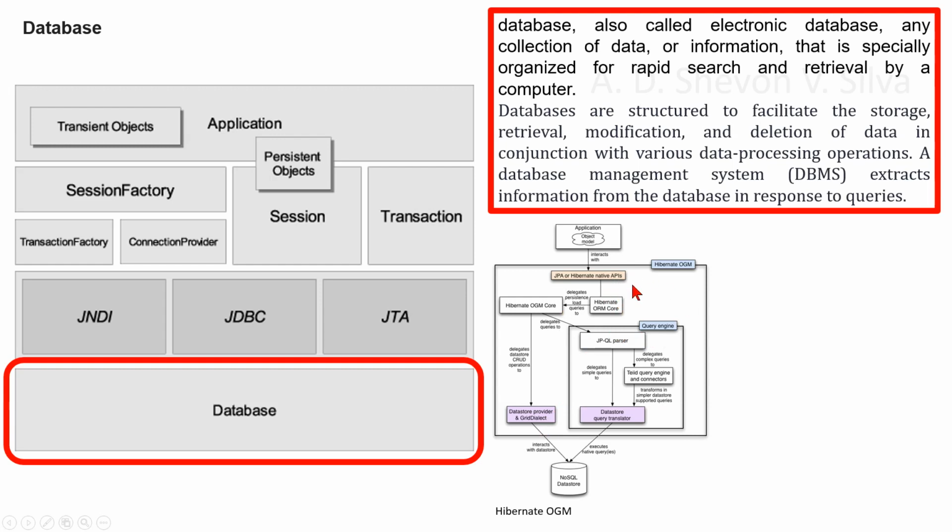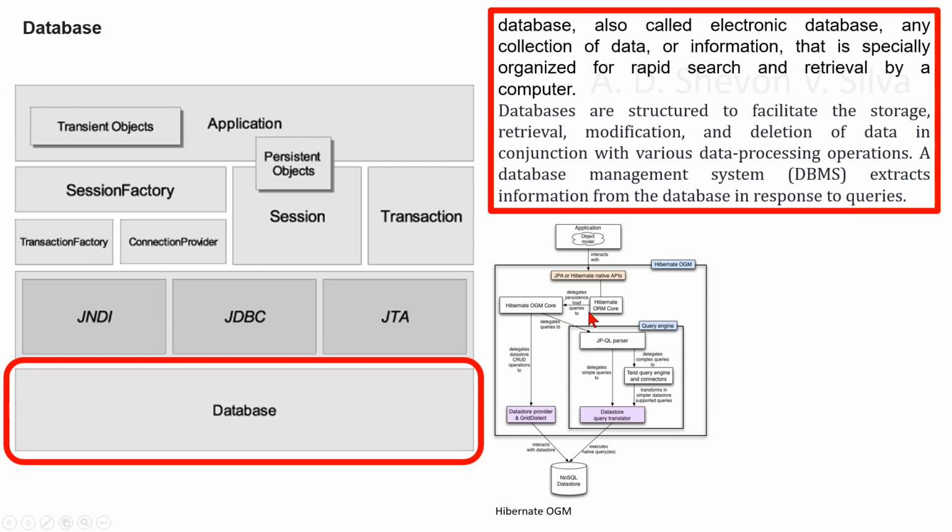JPA or Hibernate native APIs are connected to Hibernate ORM core. Basically, they are interacting with Hibernate ORM core, and Hibernate ORM core is connected to Hibernate OGM core.